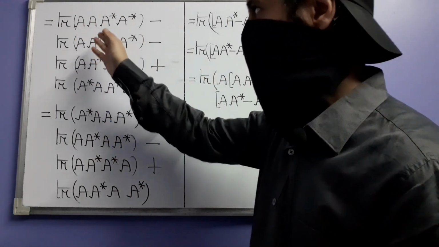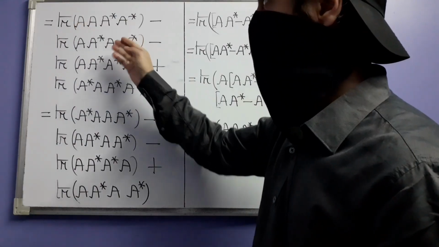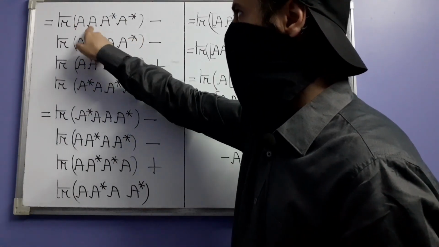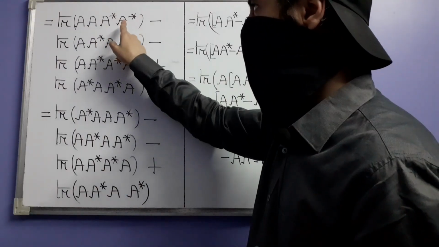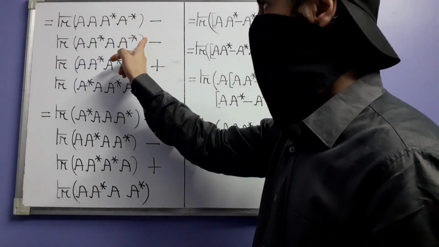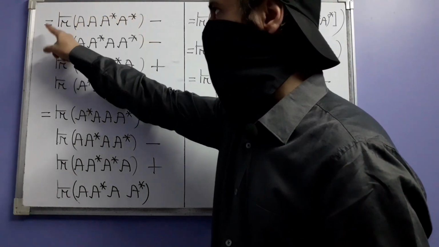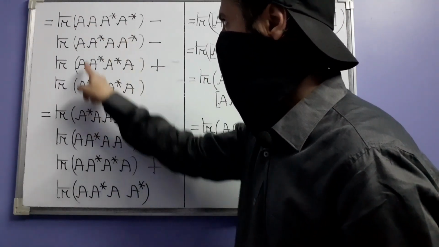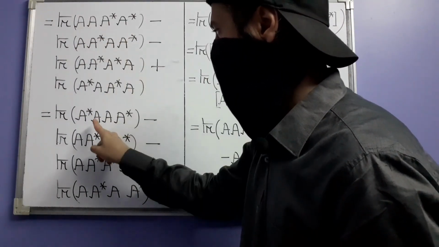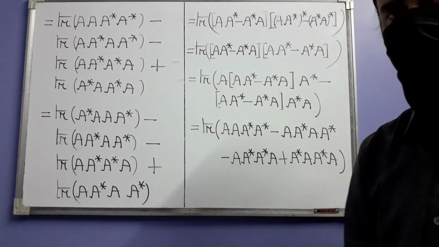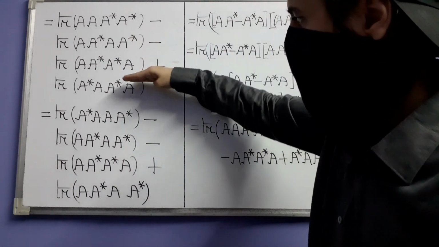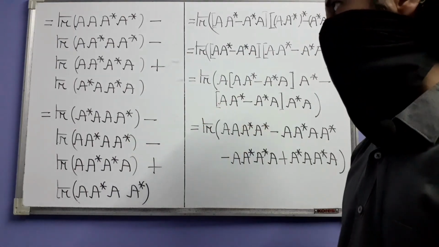To do that, we interpret this as the product of two matrices. One of them is A star, and the other one is A star. So if you change the order, A star will come first, followed by this. See, A star, and then A star.